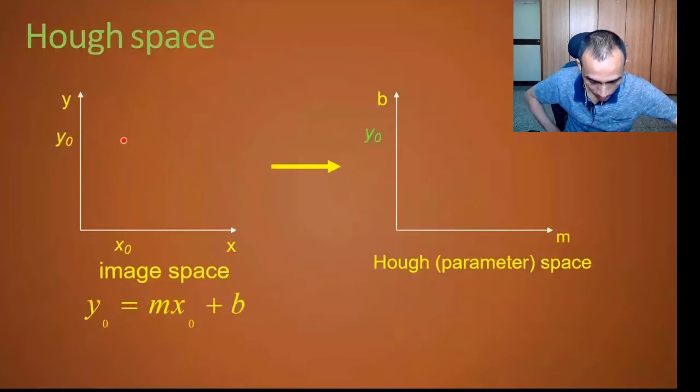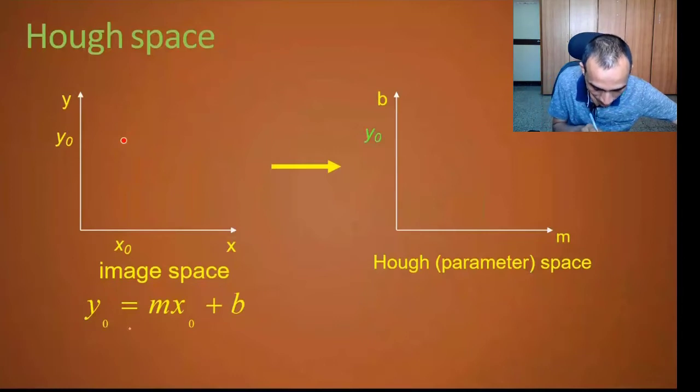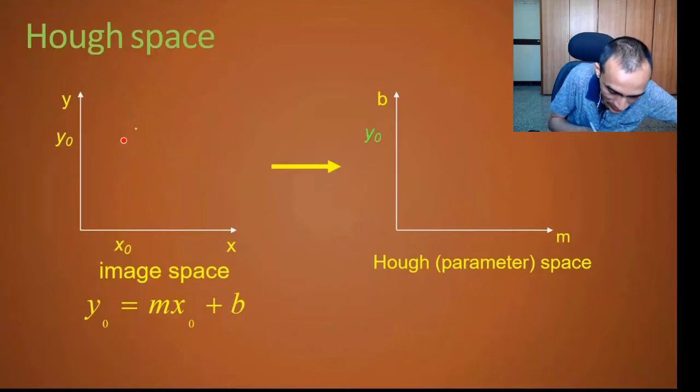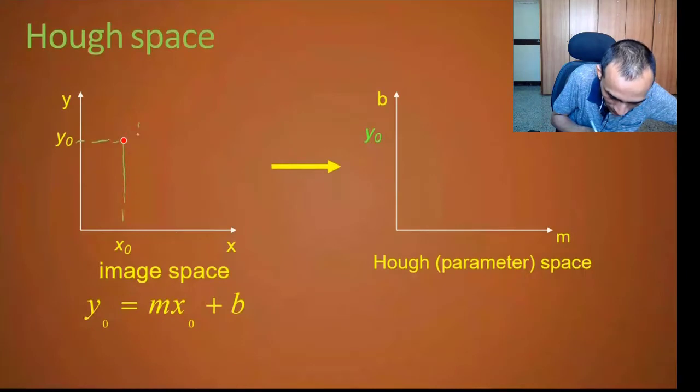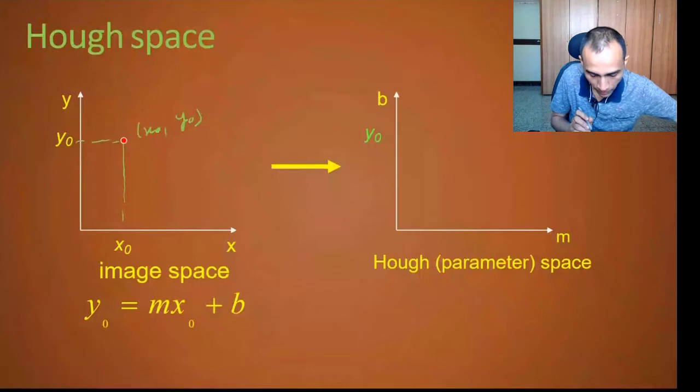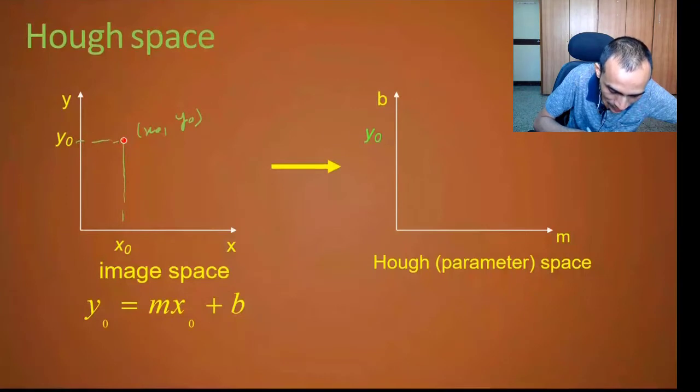Now let us rearrange this equation. Let us say we have a single point here, x naught comma y naught. And from this point, there are many possible lines that can pass through, isn't it?